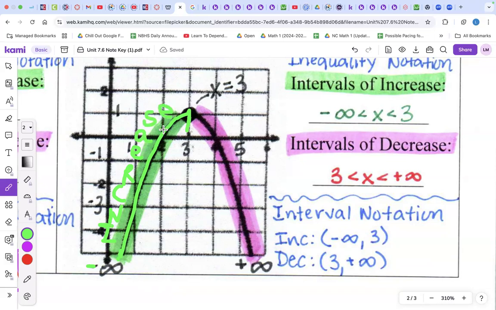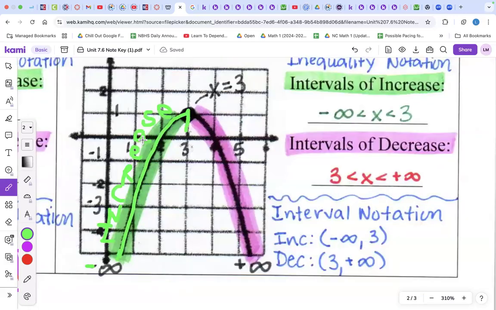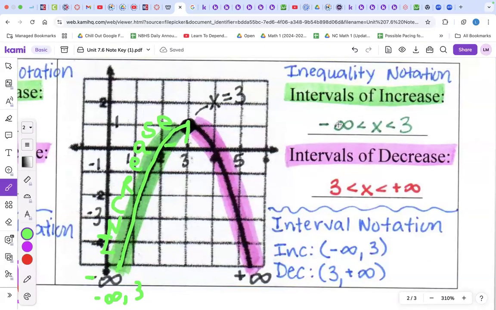That's your increase this time. Why? Because this is how we read it. So just because it's on the left doesn't mean it's a decrease. Remember, we read based upon where that line is going. So it started at negative infinity, and it stopped at positive 3. Increase. We're dealing with x, and it stopped at 3.